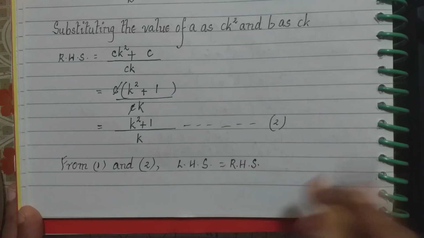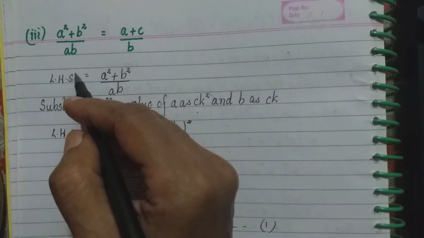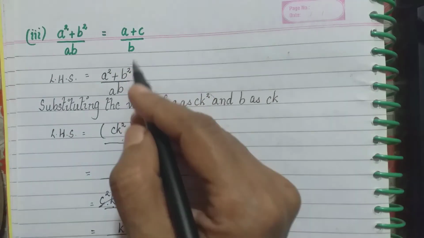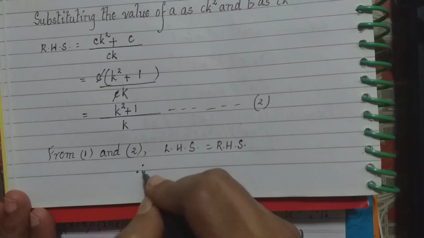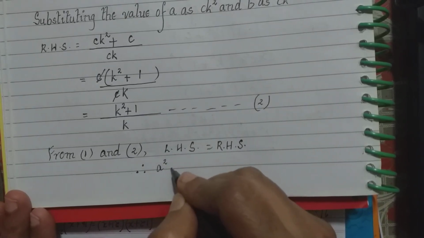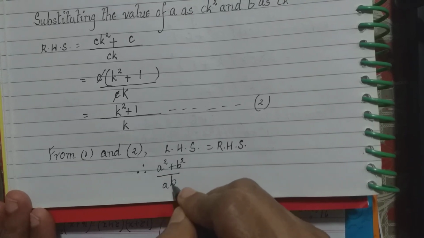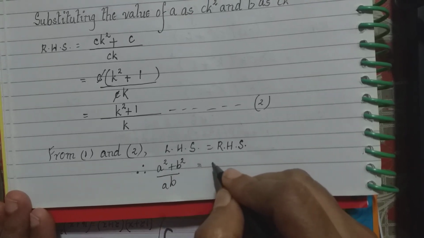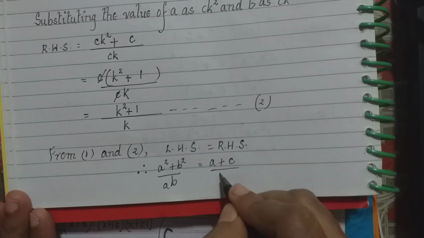So now I can write what is asked of us, that is a square plus b square upon ab equal to a plus c upon b. I'll write therefore a square plus b square upon ab is equal to a plus c upon b.